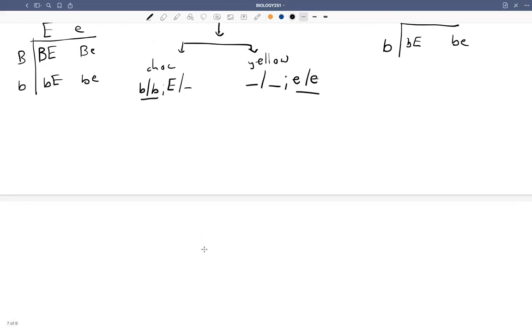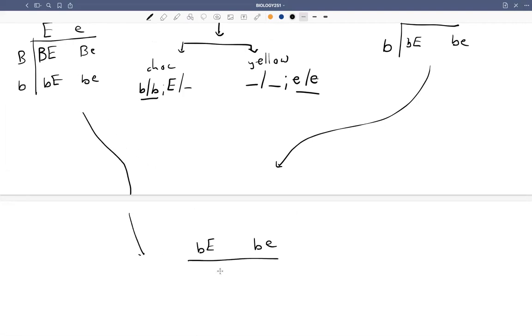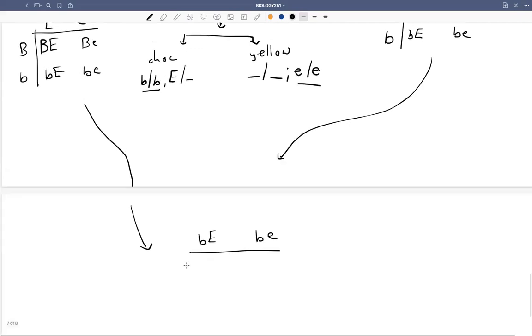All right, so the Punnett square would have our gametes from the chocolate lab parent. I'm bringing these over from there to be across the top. And then I'll bring these in from there to be along the side.